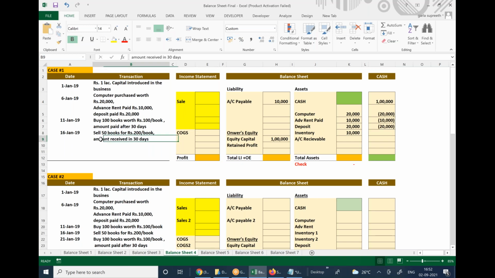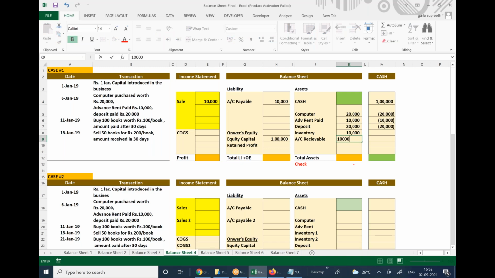Next, on 16th Jan, I sold 50 books and the selling price was 200. So what happens to my sales? Quantity sold into selling price. Did I get this amount, 10,000? It says that this money 10,000 will be received after 30 days. What happens to my account receivable?